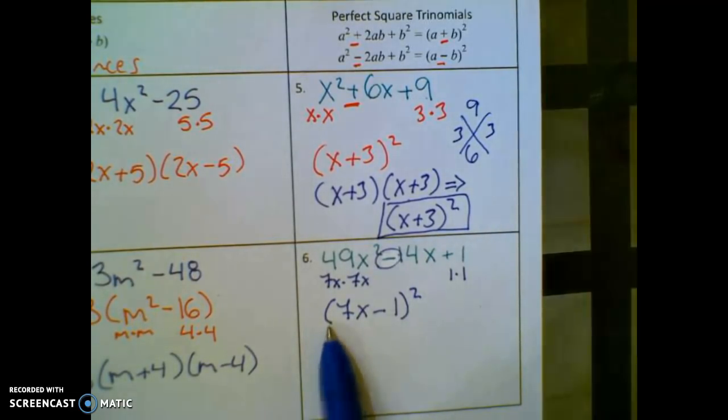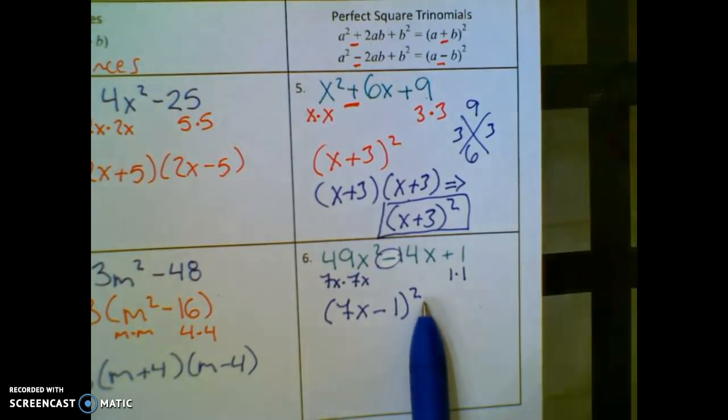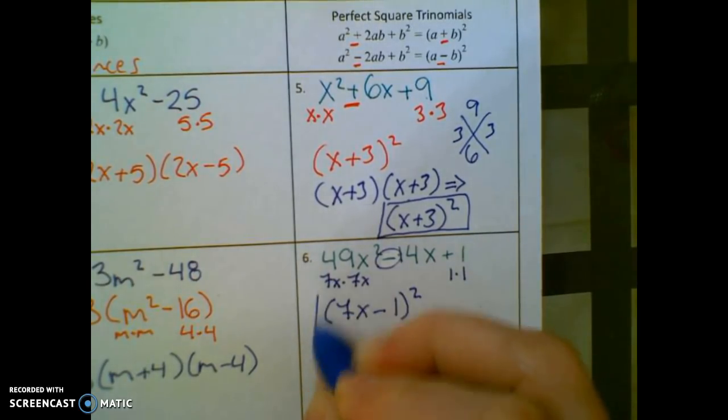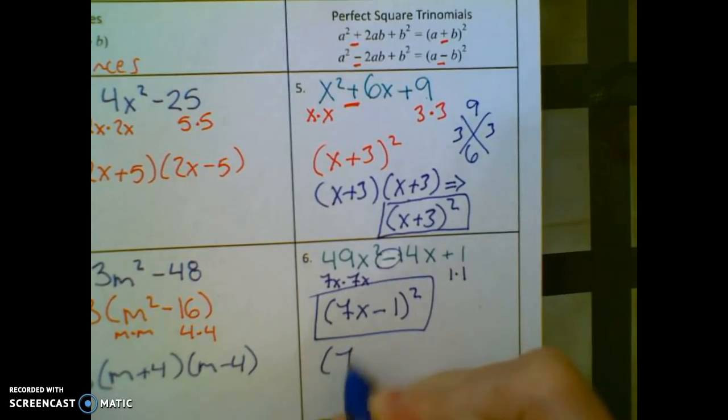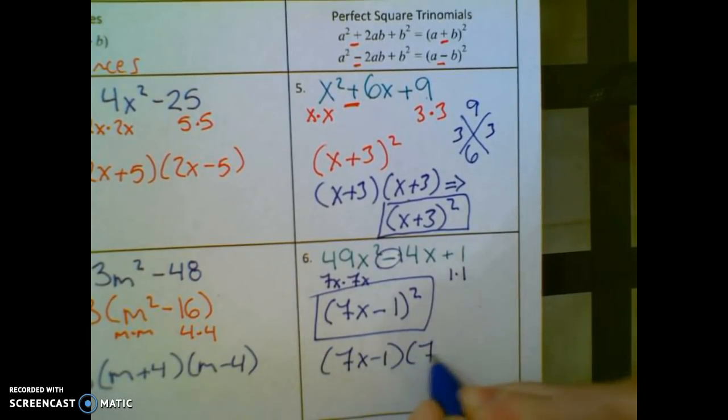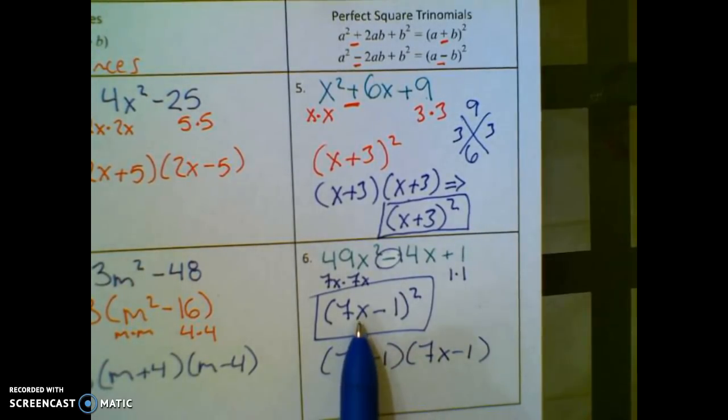You can write your answer as one factor with a square on it. Even if you ended up writing 7x minus 1 times 7x minus 1 by the guess and check method, just write your answer like this and you're still good to go.